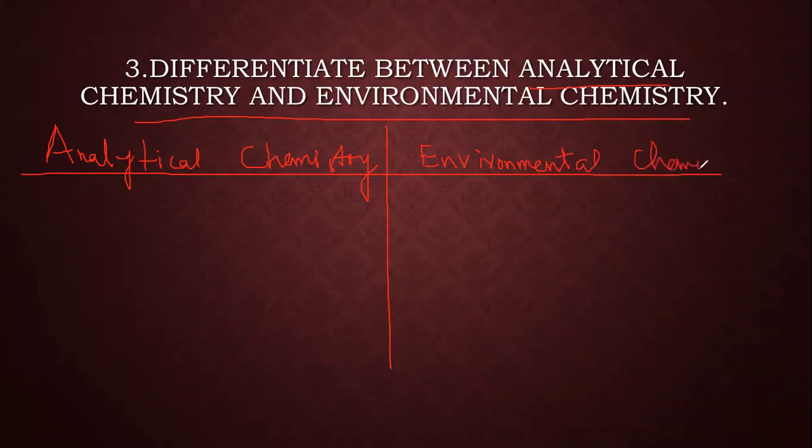Analytical chemistry is the branch of chemistry that deals with determining the composition of material.